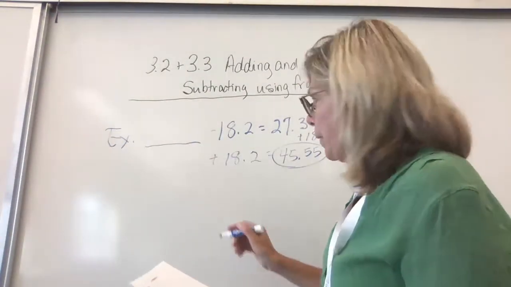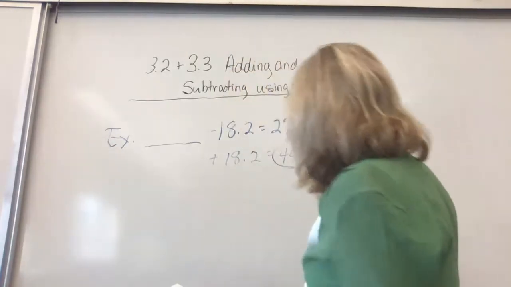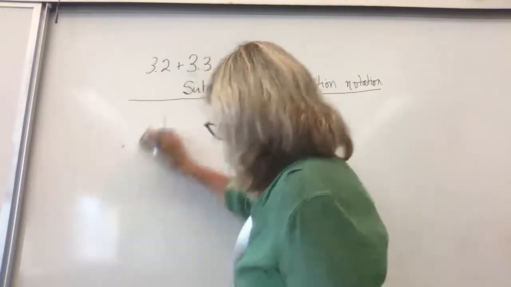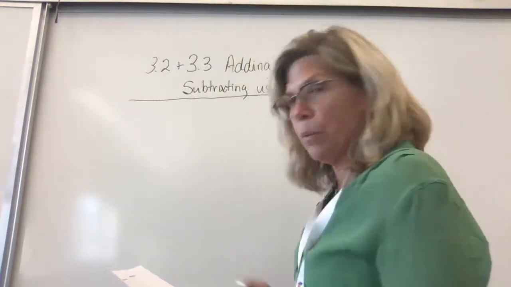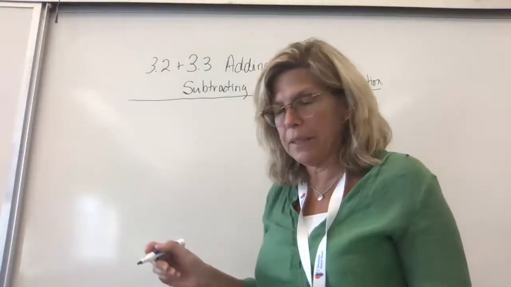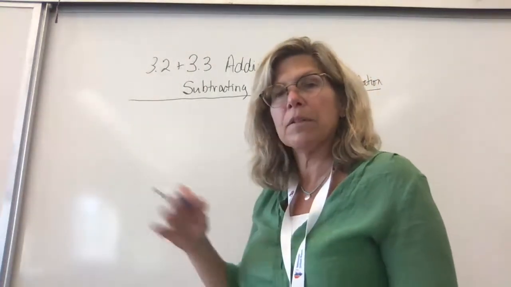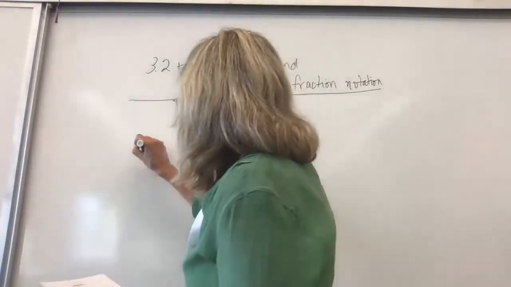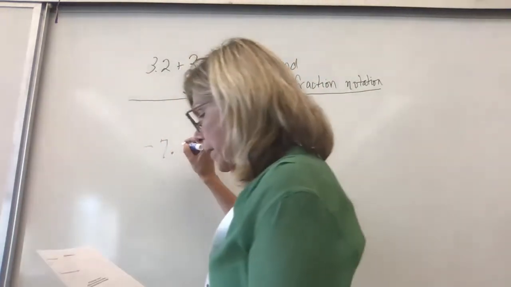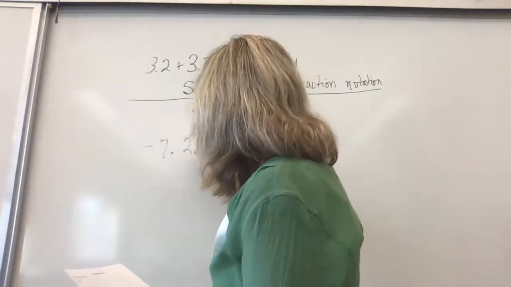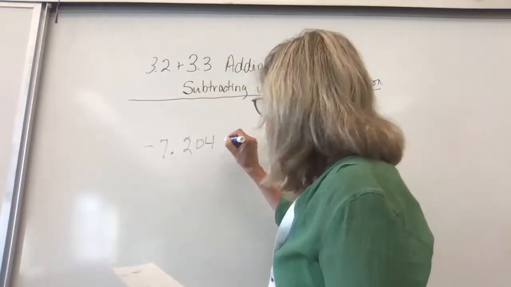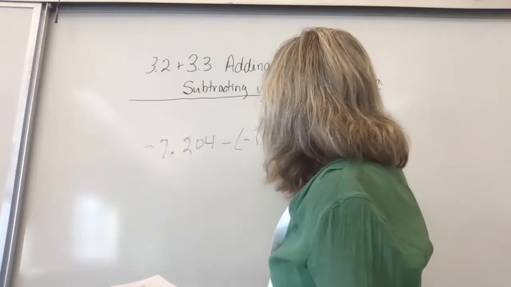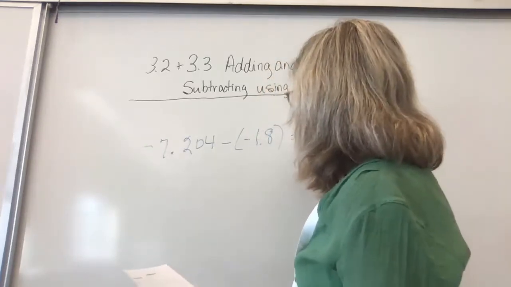Another one is we have minus 7.24. Sorry, it's too hard for me to write. And what you're welcome to do too is if you want to do these at your own pace, you can certainly write them down and then stop the recording and then go back to them again. So minus 7.204 minus negative 1.8 equals something.